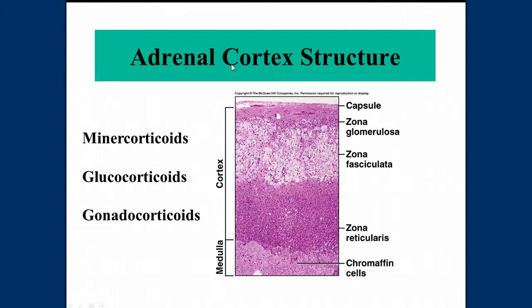The adrenal gland cortex produces corticoid hormones. One group is the mineralocorticoids, then there are glucocorticoids and gonadocorticoids.